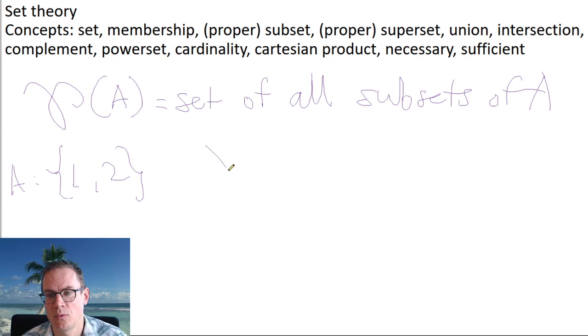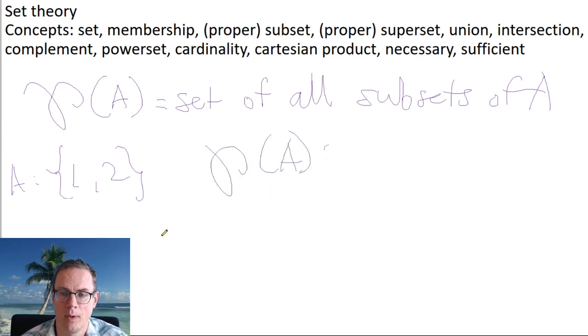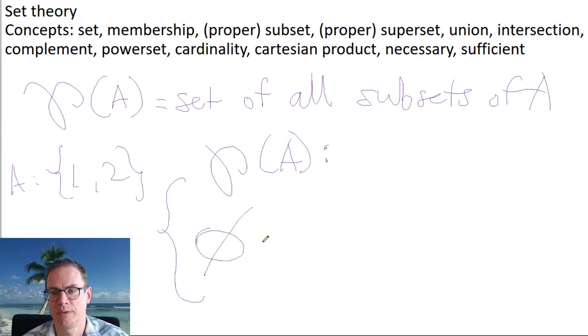And now we want to know what is the power set of A. Well, it's a set. Okay, so we draw a curly bracket open. And we start with the empty set, which is a 0 with a line through it.